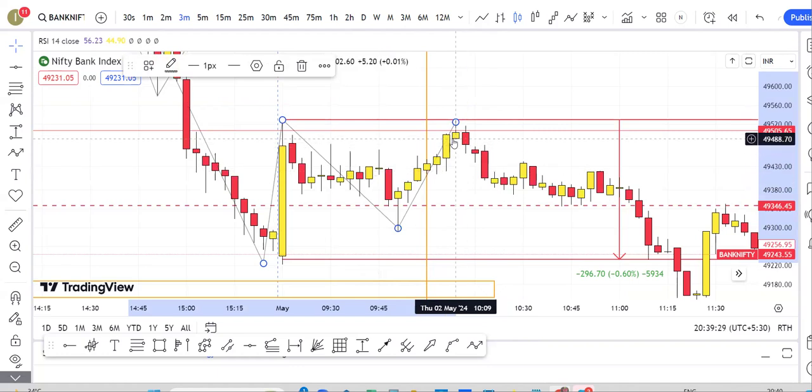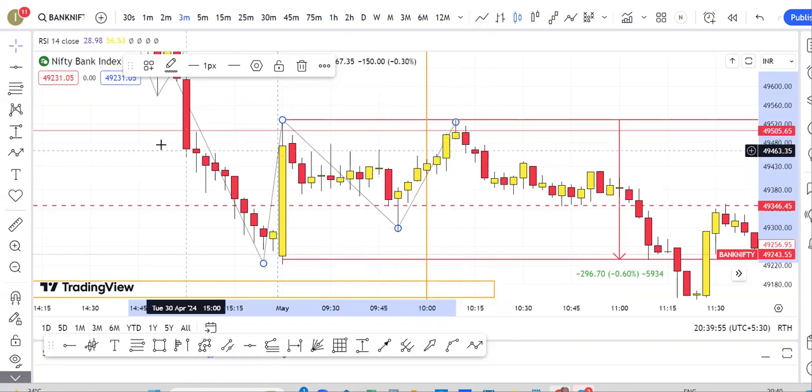So when you saw this rejection candle and then the second candle, let it finish the 3-minute candle. So it is a failure candle. It tried to go up. It is a bullish candle when it opened, but it tried and failed and closed below the opening price of the 3-minute candle.